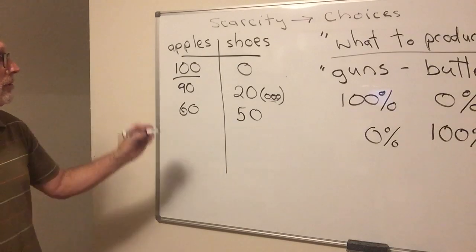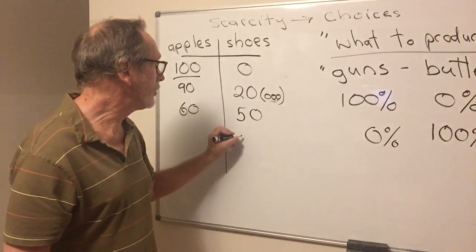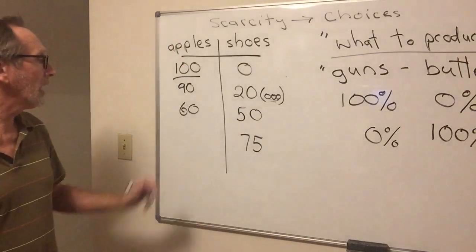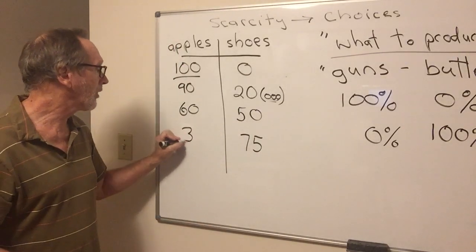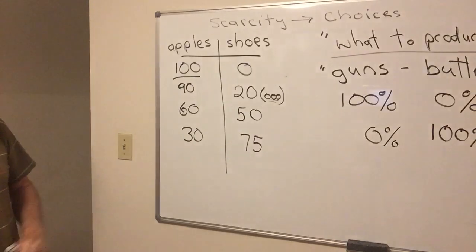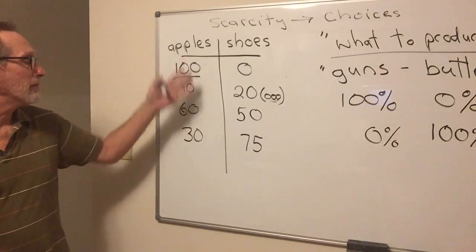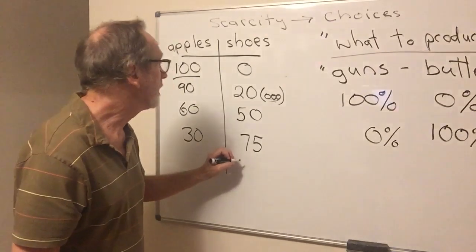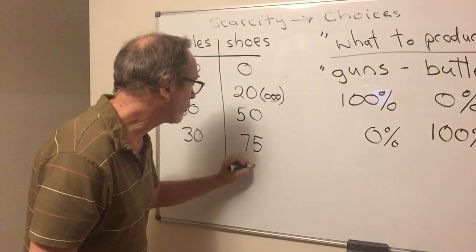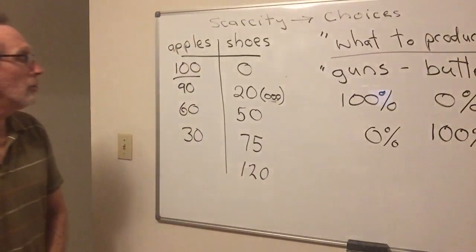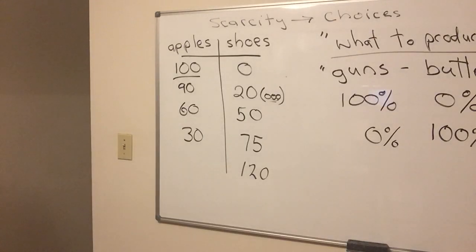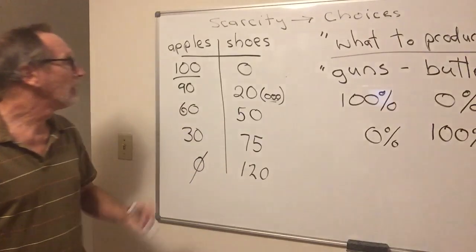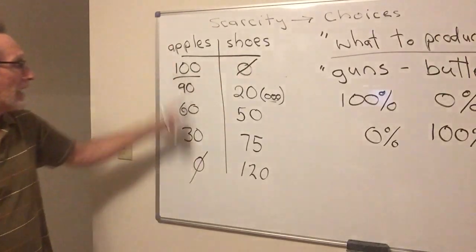And then say, we really like making shoes. Let's go to 75 units of shoes. Well, you're going to go down to 30 with apples. You can't make as many apples if you're making more shoes. And then I say, well, let's make 120 units of shoes, 120,000 units of shoes. At that level, you have no resources left over for making apples, right?